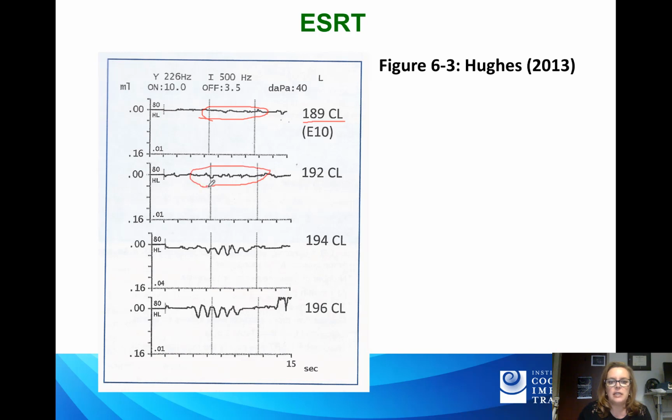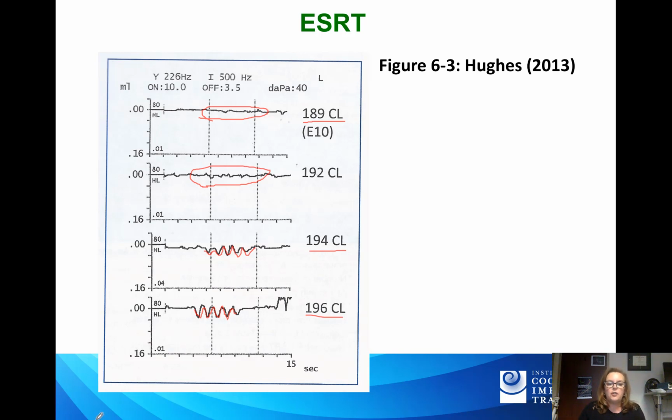Maybe starting to see a little bit of a response there. Going up to 194. Beautiful. You can see that this response here, this change in admittance, is time-locked with this signal, which they have demarcated here. Going up to 196, just like with an acoustic reflex, as you increase the level, you should expect that response to grow, and in fact, it does, as shown here.